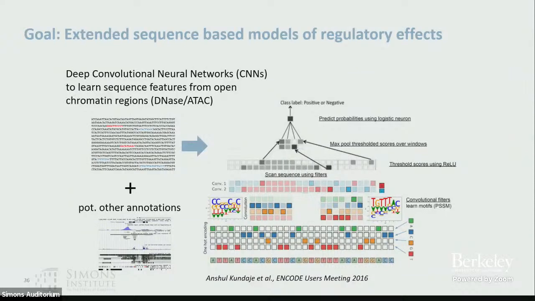And what the field has been looking at over the last probably already 7 years by now, yeah, more, is convolutional neural networks.